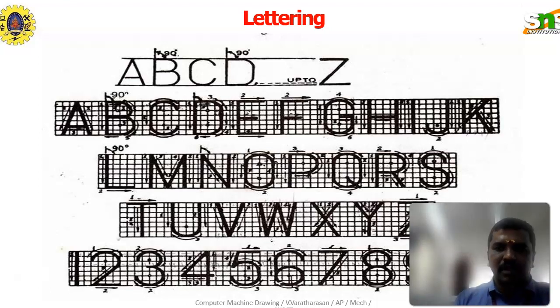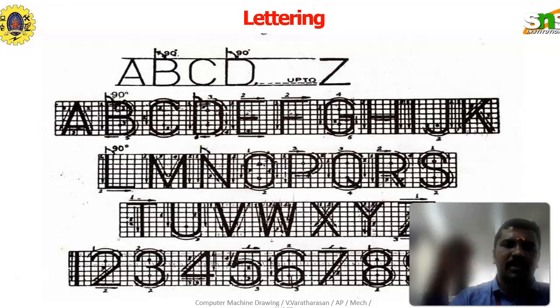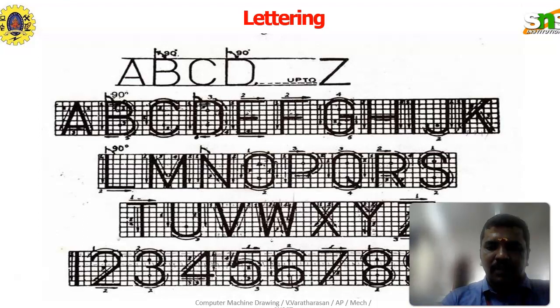Lettering plays a very important role in the engineering drawing subject, because in the title block itself, in each and every drawing, we want to give a title and different specifications we want to represent in the drawing sheet. In this, we use lowercase and uppercase letters.